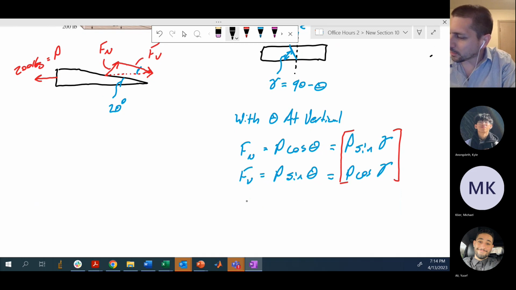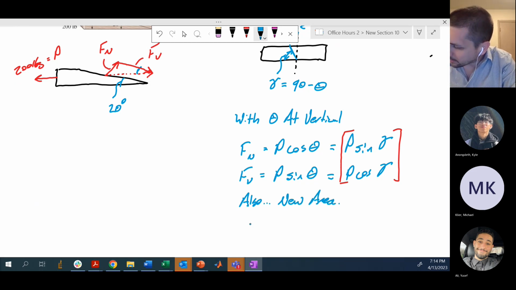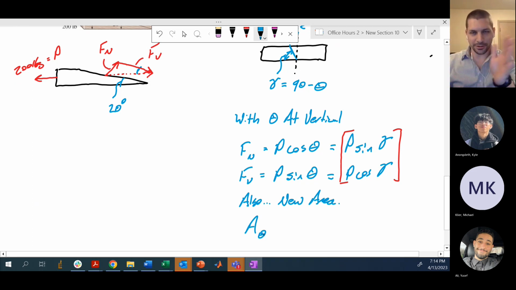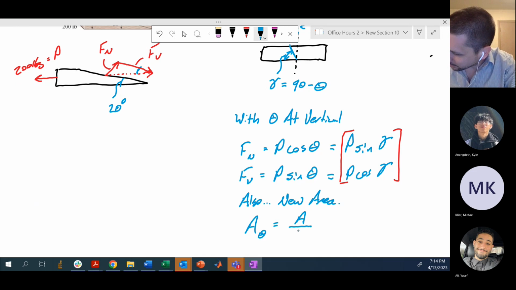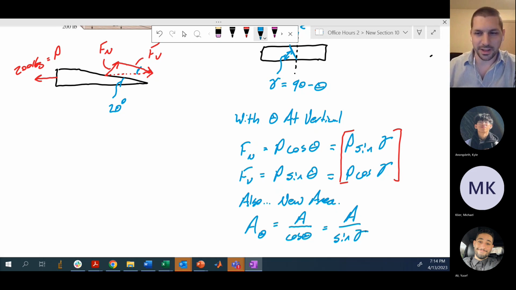One other thing that we need to note here is that we have a new area. And in class, we showed that that new area, I'll call it A theta, the area that's formed after we cut at that angle theta, is going to be the original cross-sectional area A divided by cosine theta, or could also be thought of as A divided by the sine of gamma, where gamma is that complementary angle with the horizontal, instead of theta, which is the angle with the vertical.